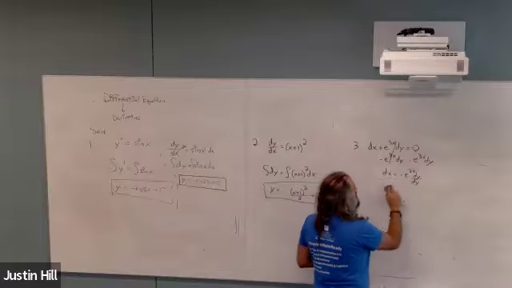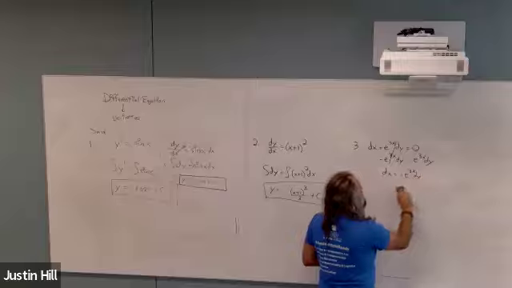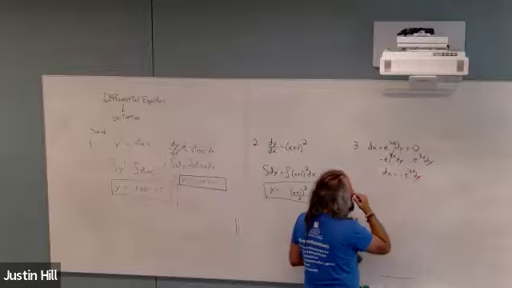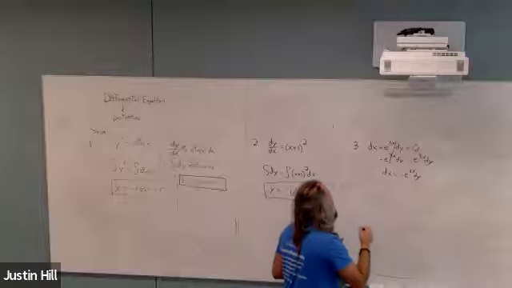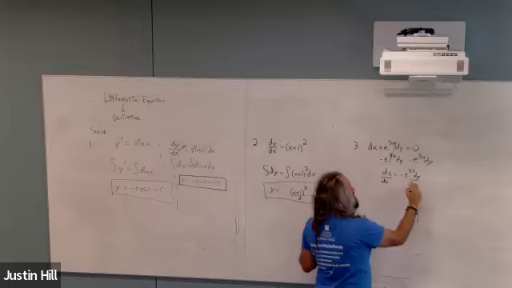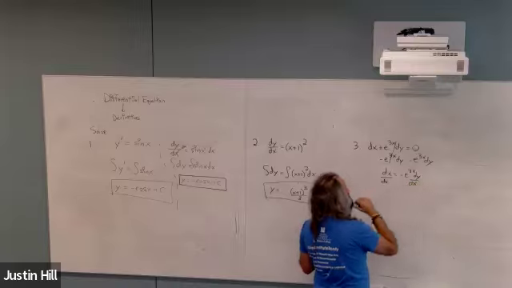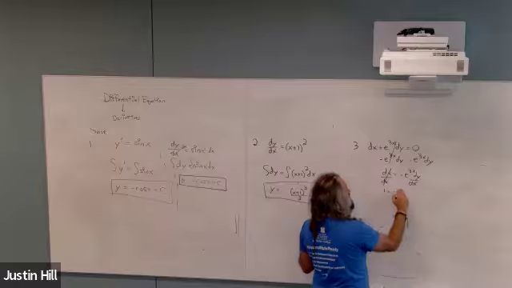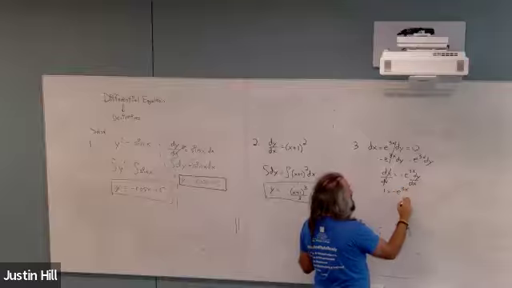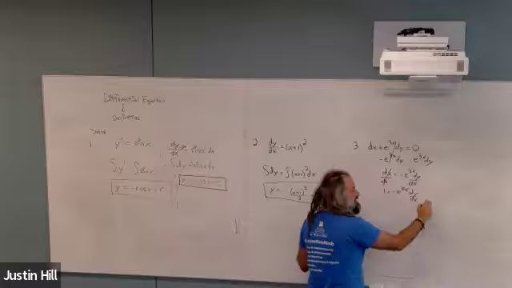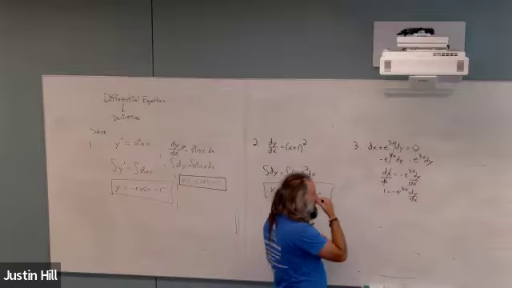So let's go the opposite way and divide by dx there. We end up with 1 equals negative e to the 3x dy dx. Then I'd like to isolate my derivative.